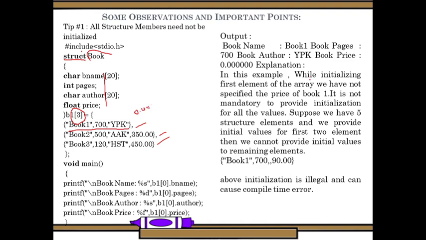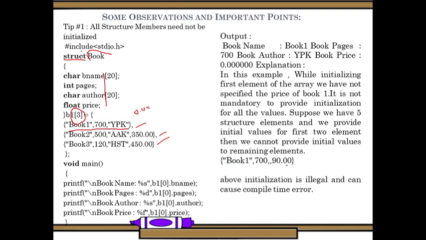So in this example, while initializing the first element of an array, we have not specified the price of the book. It is not mandatory to provide the initialization for all the values. Suppose we have 5 structure elements and we provide initial values for the first 2 elements, then we cannot provide the initial values to the remaining elements, and then we are having the next.